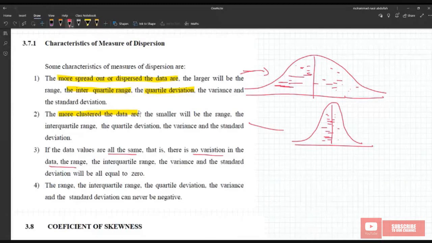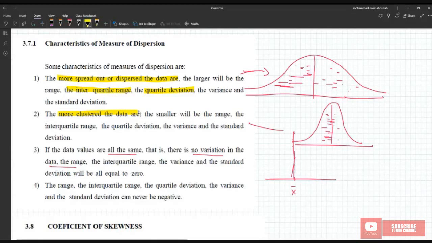Kalau data maksudnya data tu tak disperse, maksudnya the data will get macam ni saja, right? So this is your mean. So data semua dalam satu straight line, right? So means there is no range, no standard deviation, no interquartile range, variance and deviation, right?